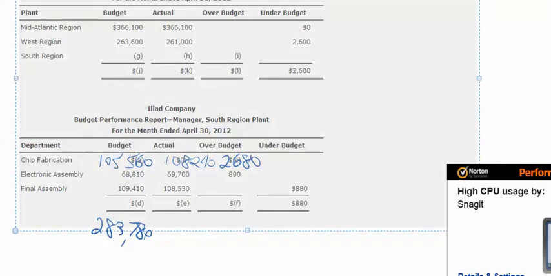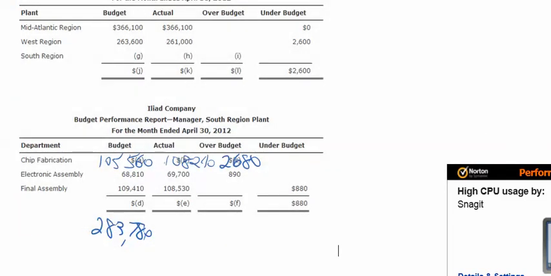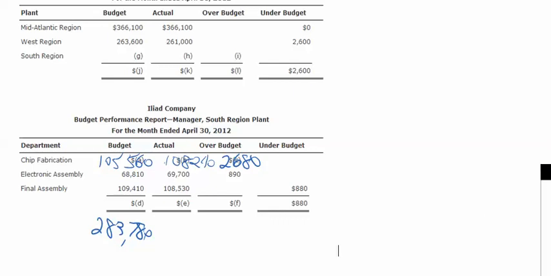We can also figure out E by adding that column for the actual amount. So I'm going to add the 108,240 plus the 69,700 plus the 108,530. That looks like 286,470.